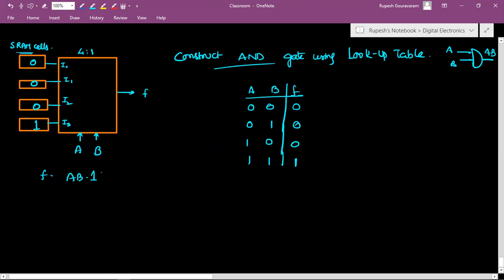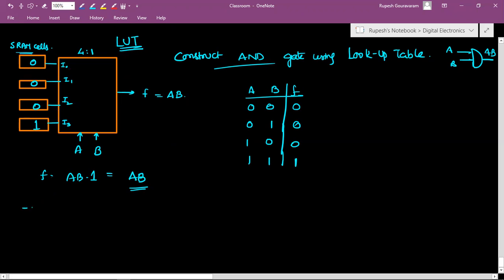All the multiplication with zeros will cancel out, which results in A into B. Thus, we realize the AND gate A into B. Got it? So we got the function F as A into B. And this multiplexer combined with the SRAM cells is nothing but a lookup table.